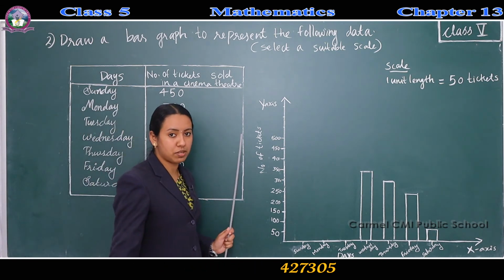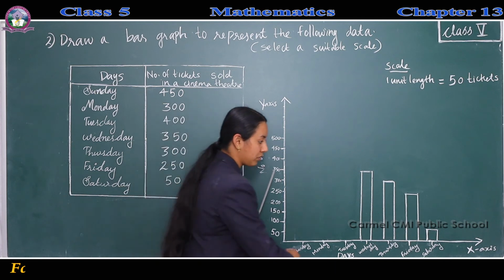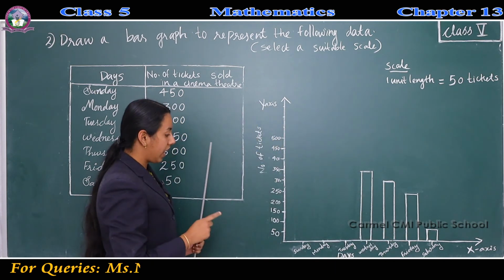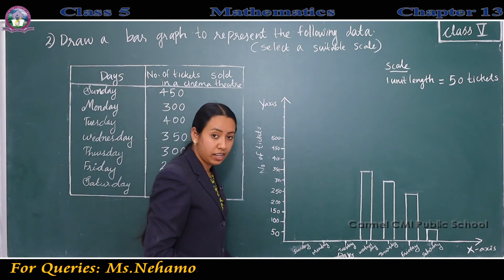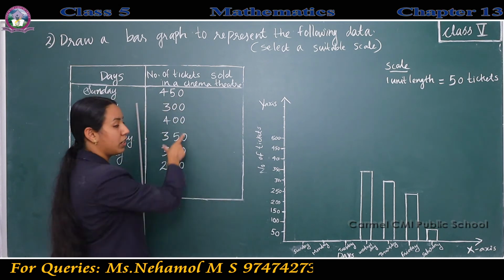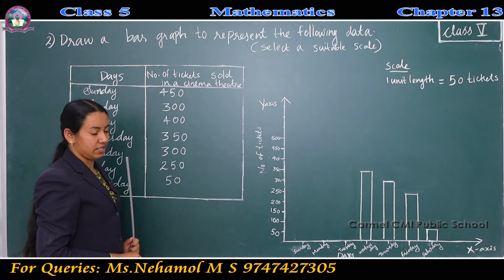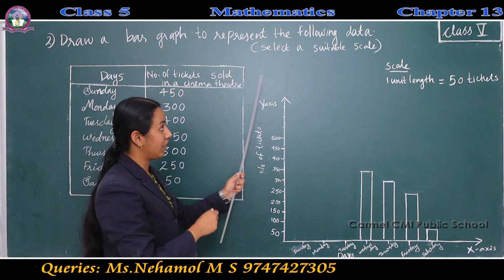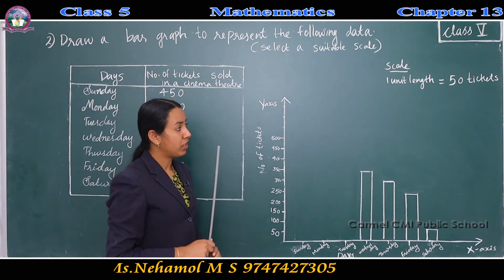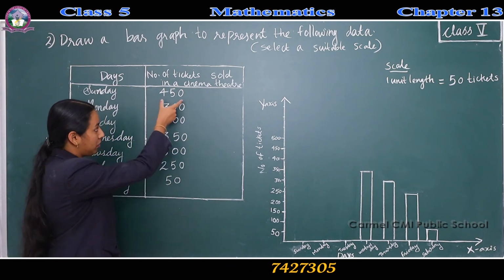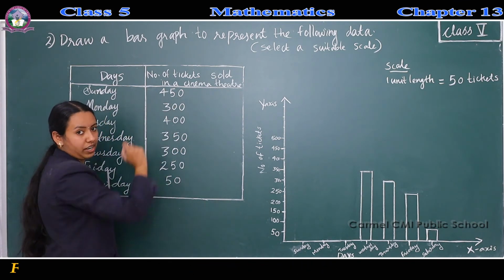Then how can we represent it? First we have to draw the x-axis and y-axis. Along the x-axis we can take days and along the y-axis we can take the number of tickets. Then what is the next step? We have to select a suitable scale. Here the minimum value is 50 and the maximum value is 450.